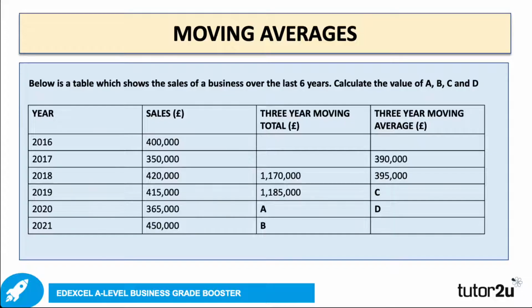Now, moving averages and quantitative sales forecasting go hand in hand, really. So the idea behind moving averages is we smooth out the fluctuations in the sales data, therefore allowing us to find out the underlying trend, and then we can extrapolate that trend forward using a line of best fit, and that allows us to predict future sales with some degree of accuracy, I suppose, because it uses past data.